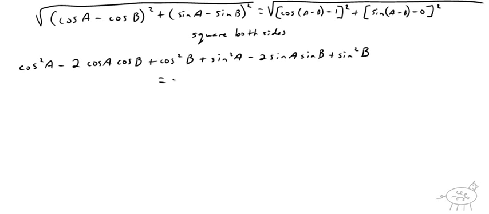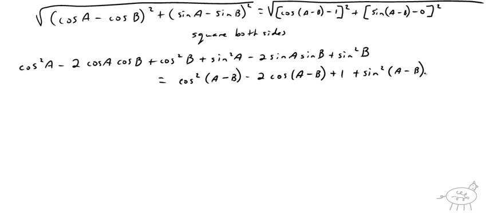If I square that one, I get cosine squared of A minus B, minus 2 cosine of A minus B plus 1. And then I square the second set here. That's pretty easy. It's just minus 0, so it's really just sine, so it's plus sine squared of A minus B. Okay?